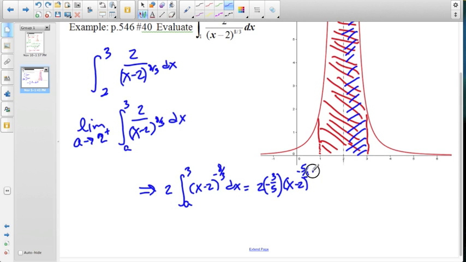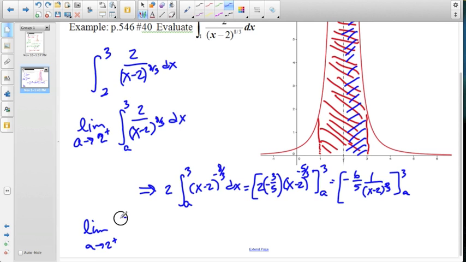So we're going to evaluate that from a to 3. Doing that little bit of math out here, we get negative 6 over 5. I'm going to write that as a positive exponent: negative 6 over 5, times 1 over x minus 2 to the 5/3, from a to 3.